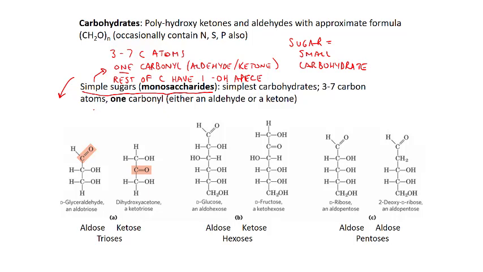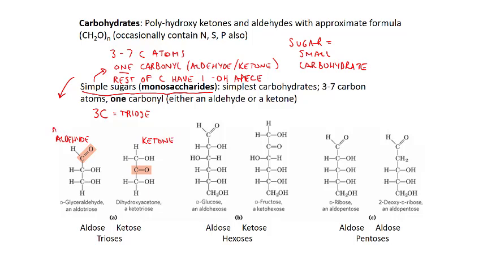So if your carbohydrate has 3 carbon atoms, it's said to be a triose, and those are the ones shown at the left here. Now this one on the far left is an aldehyde, and this one over here would be a ketone.